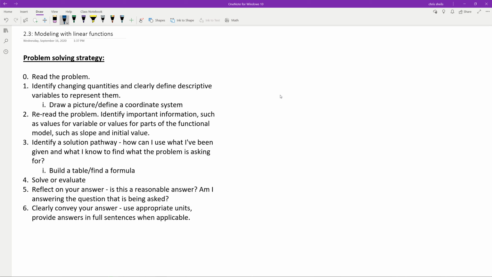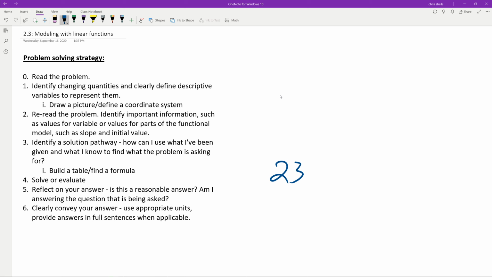Similarly, if, say, the question is asking what year something will happen in, right? And you get the number 23, but this 23 stands for, say, 23 years after 2004. Then this 23 is not your answer.